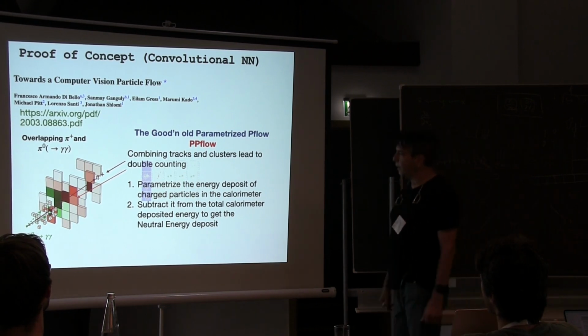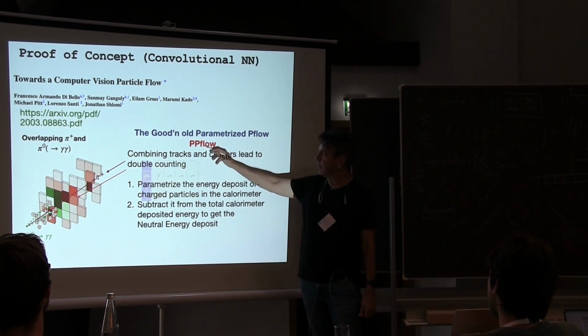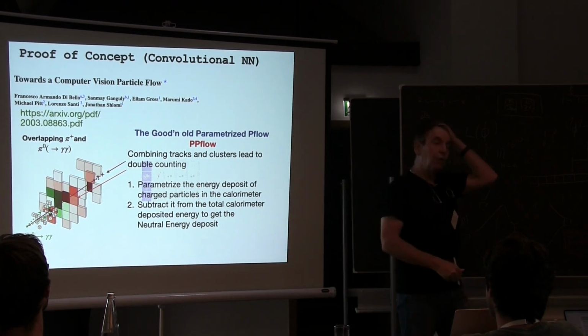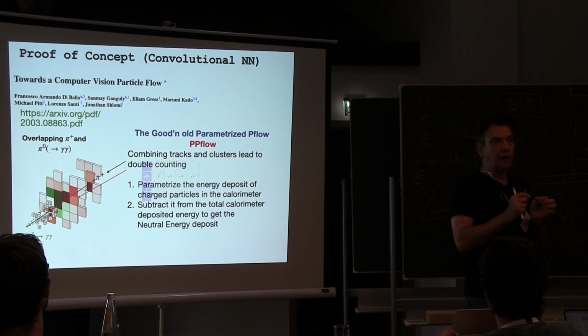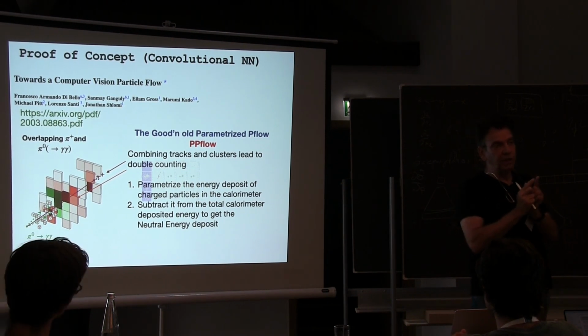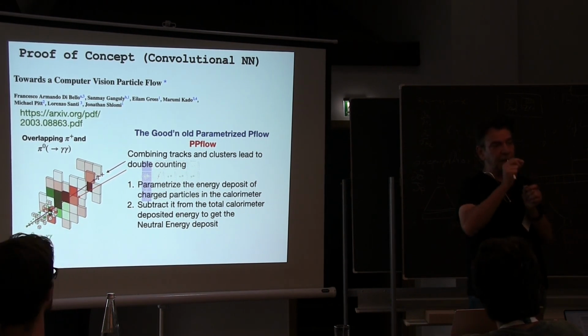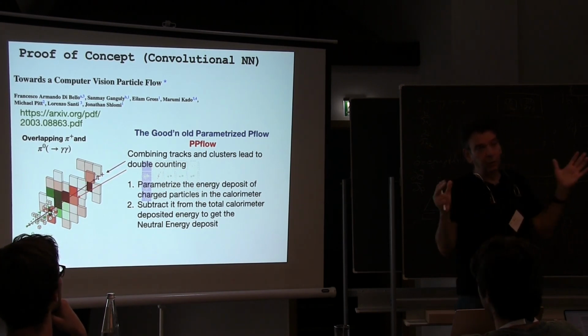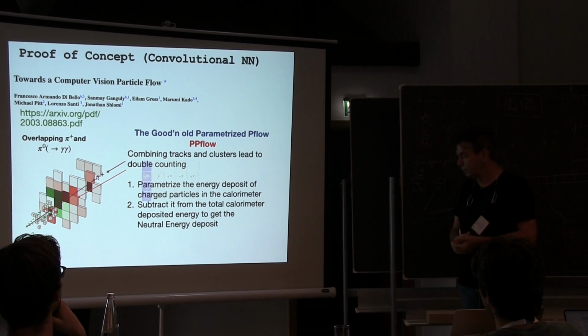And of course, we compared it with the parameterized p-flow, which is exactly what I told you, the good old way in which you parameterize how much energy is deposited by a charged particle in the calorimeters, and you subtract it. So this is what everybody is doing.